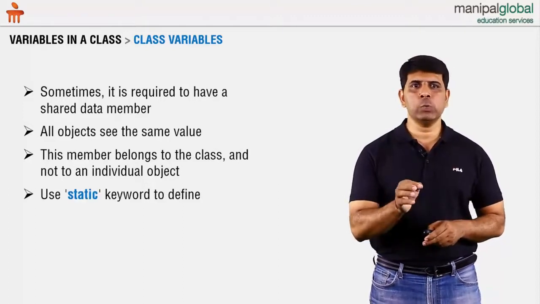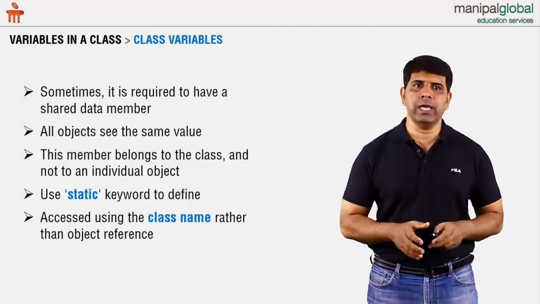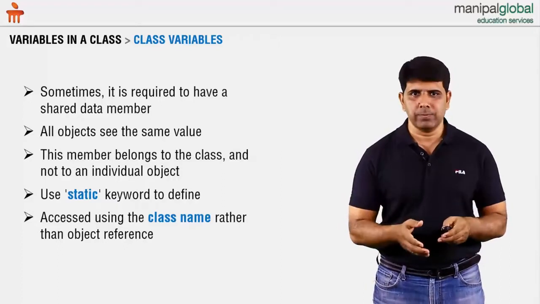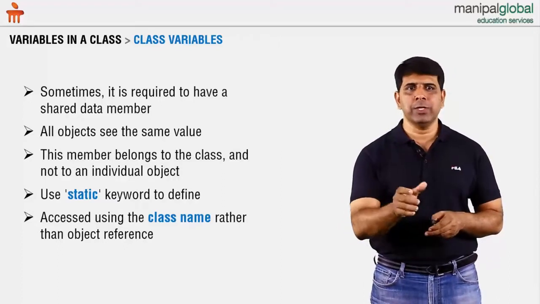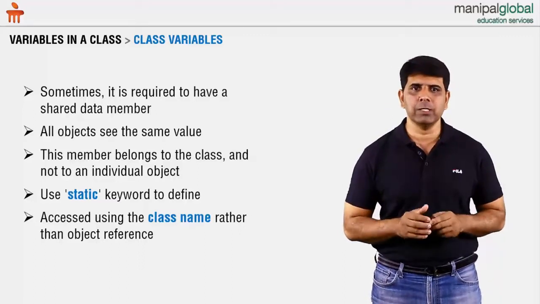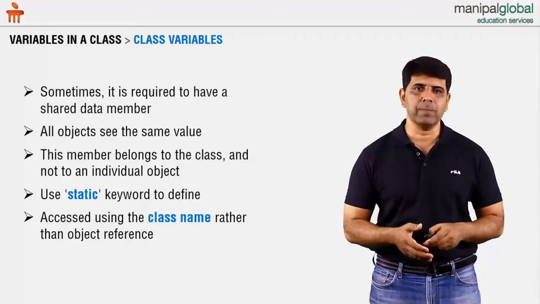We define this with the static keyword, accessed using the class name rather than an object reference, which means you don't even need to create an object. You can simply use the class name dot the variable. Of course, that depends on whether that variable is private or public. Now if it's private, you can't access it directly.